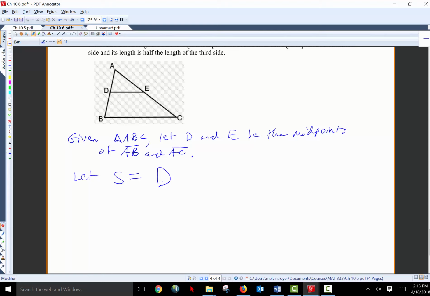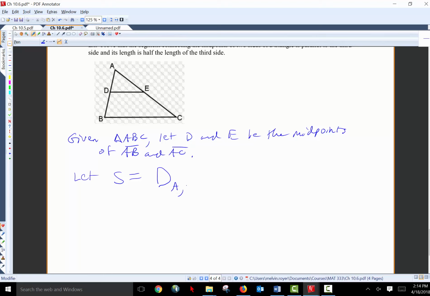And where are we going to dilate from? It does matter. I think I'm going to go up here to vertex A and dilate so that it blows point D down to B and E down to C. So we'll dilate from point A. By what factor? Well, D is the midpoint. So AB is twice the distance of AD.